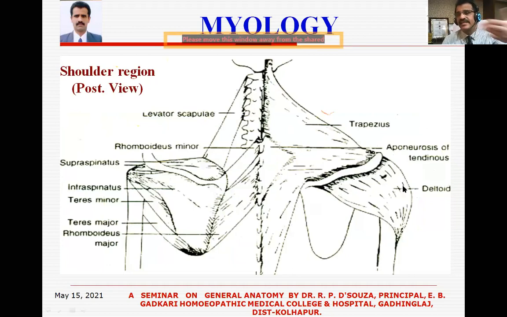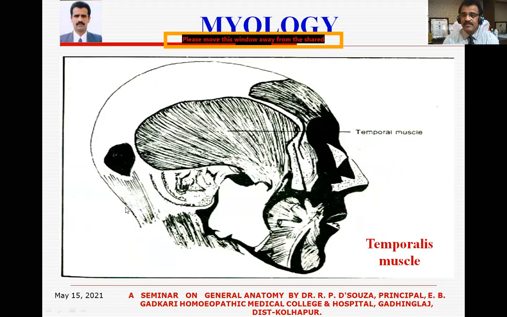It is also on the anterior side because it is quite a big muscle. It has the shape of a delta, but in terms of fascicular arrangement, it has a multipinnate arrangement. This is the temporalis muscle, which is present on the temporal region, on the side of your head or skull. This is also triangular.